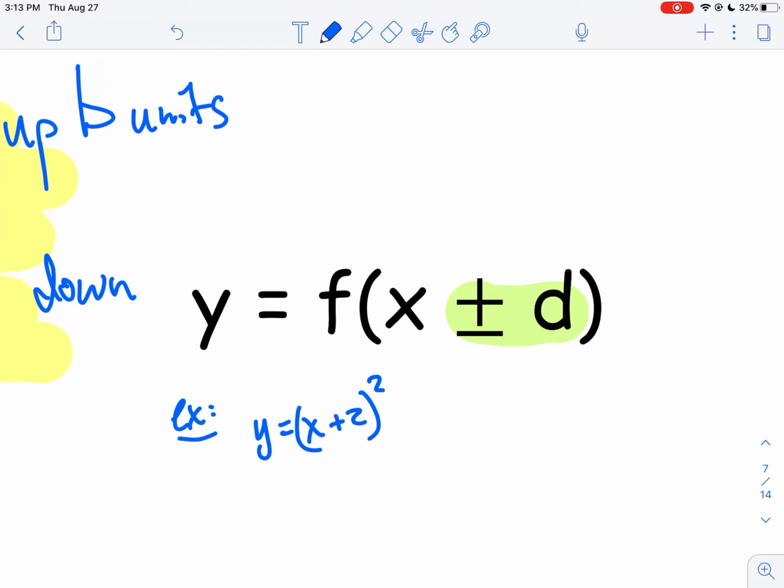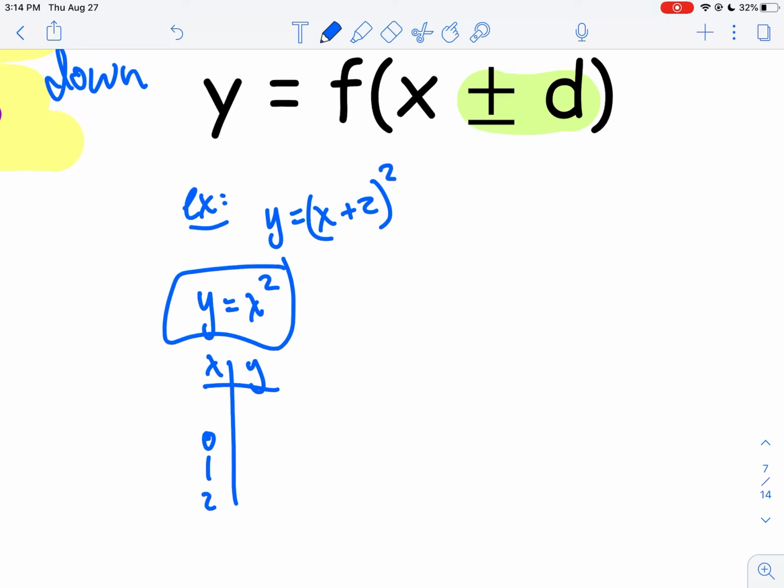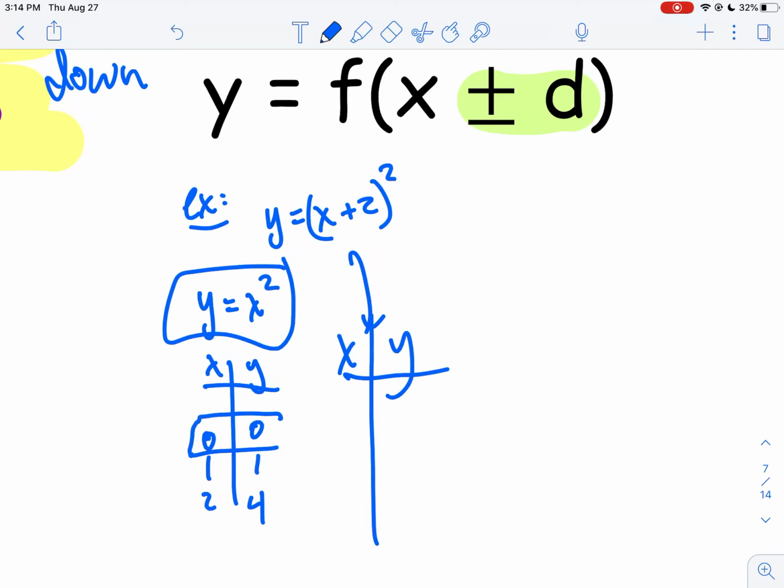Now what's this going to do? This is a little tricky. Let's think about 0. I'm just going to do positive numbers for a second. For this one, 0 squared is 0, 1 squared is 1, 2 squared is 4. What about this one, though? If I want to get the origin, that center point, 0, 0, what number do I have to put into my function for x?